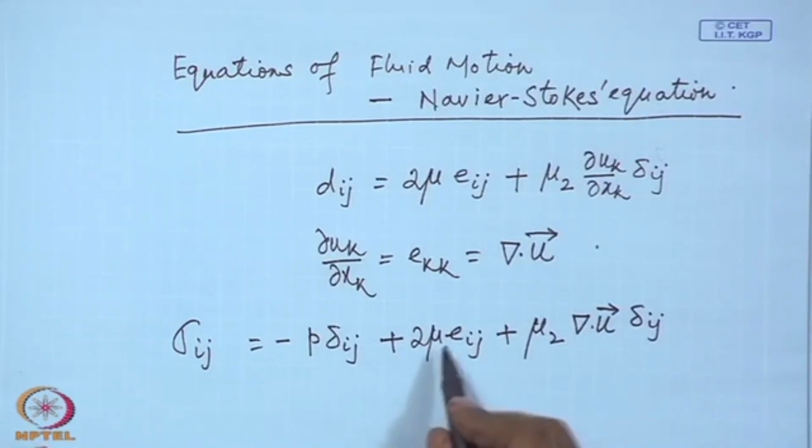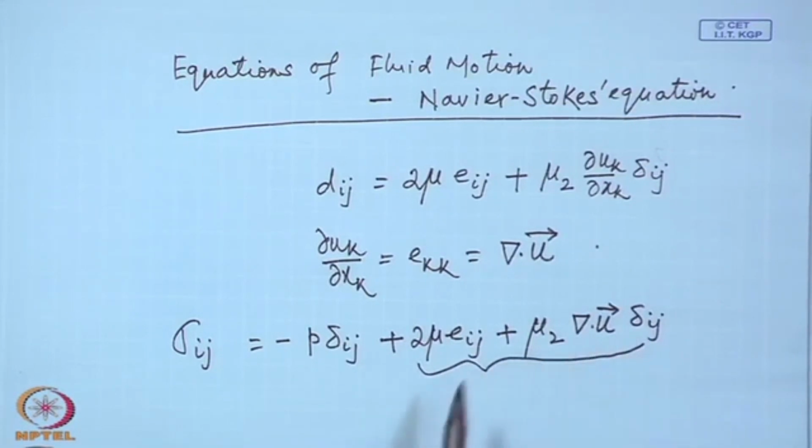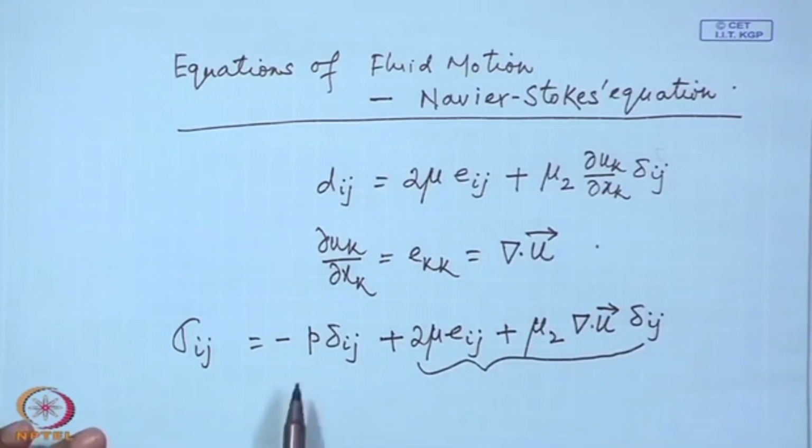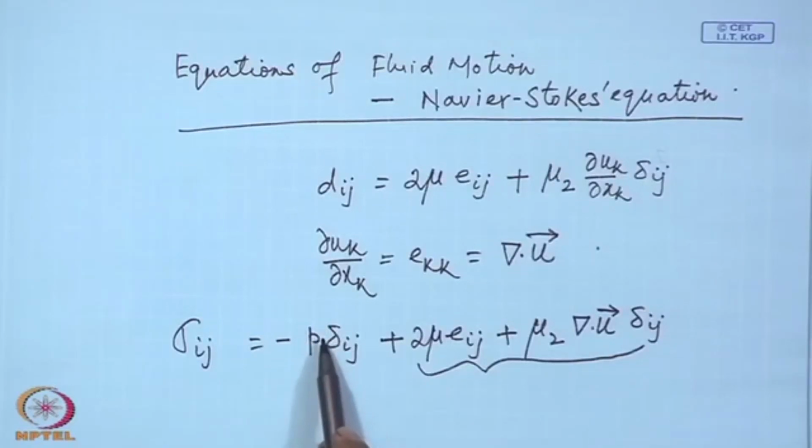Now, looking at this deviatoric part of the stress tensor, the normal components are the remaining part of the normal stresses, from which we have taken out the isotropic part, this minus p, which is the average of the sum of the diagonal.